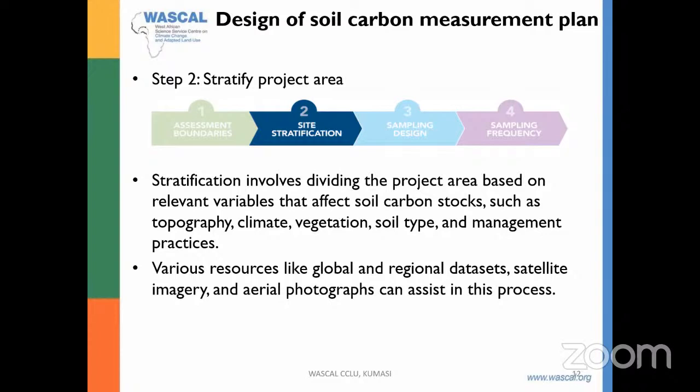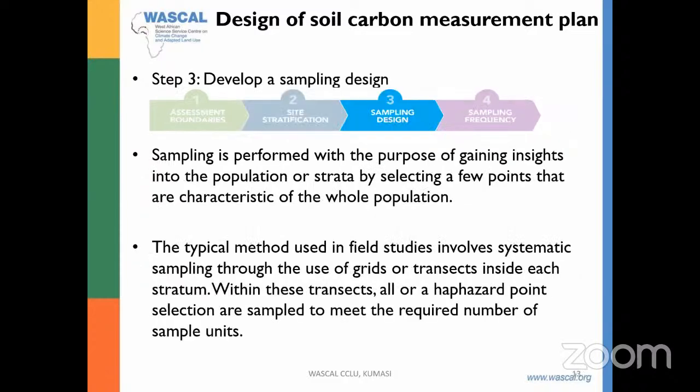This can be done with the help of remote sensing data sets, which may include satellite data, aerial imagery and aerial photos. And this can be done on a very large scale, global and also regional scales. So we will later look into how to source all these data sets remotely to help us in our classification.